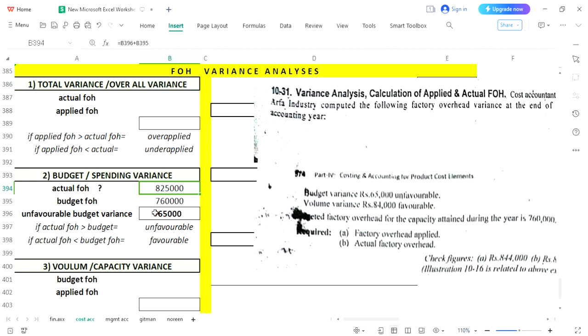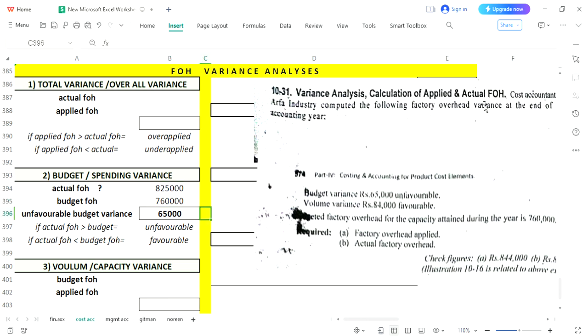So you have taken a reverse gear, 65,000 was your answer and you were going from downward to upward. For that purpose you needed to have more actual FH. So what you have done, 65,000 and then you have added your budget FH and written over here.